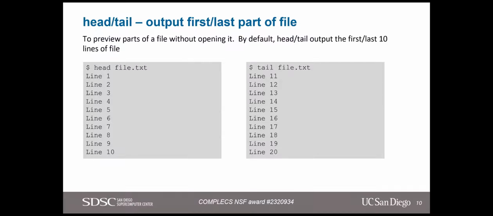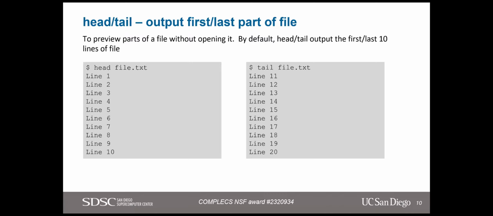So when might this be useful? For input files, very often the top lines in an input file will indicate what is actually in that file. It can say when it was created. Perhaps it has a header, so it shows you the format of what you're going to see in there. Similarly, for output files, usually if you get results or if you get errors, it's going to show up at the very tail of it.